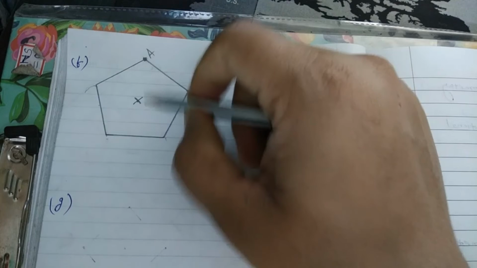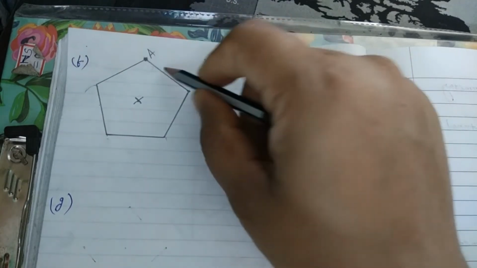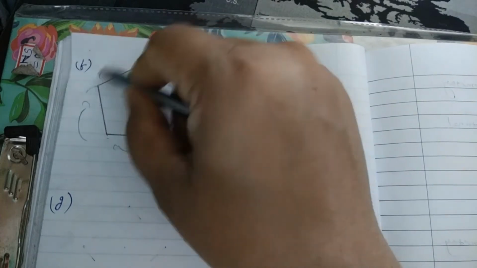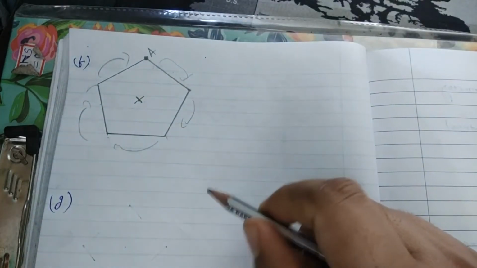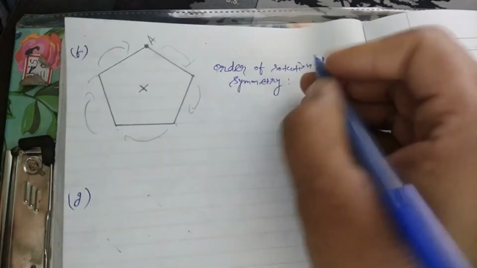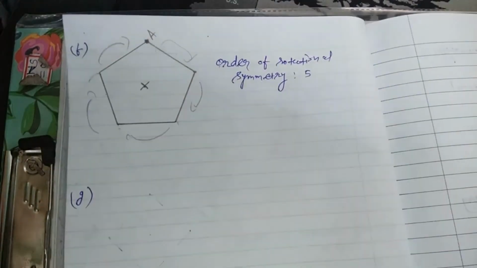So how many times have we rotated? That is 1, 2, 3, 4 and 5. So 5 times when you rotate this shape, you will get exactly the same shape. So the order of rotational symmetry for a regular pentagon is 5.